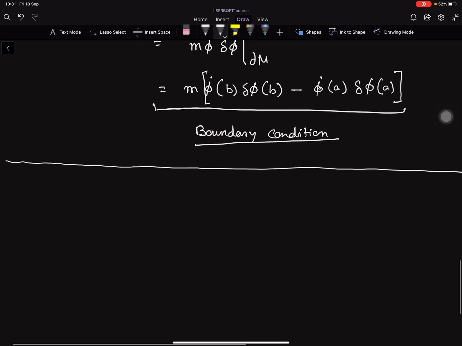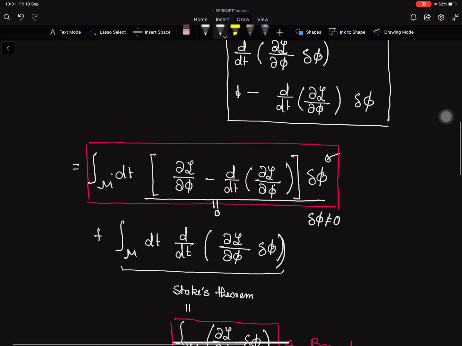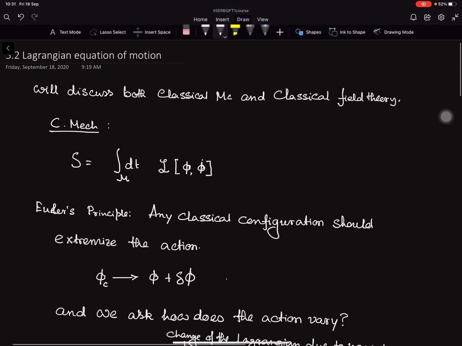Now we can do classical fields. So for classical fields we have to just generalize this to multivariables.